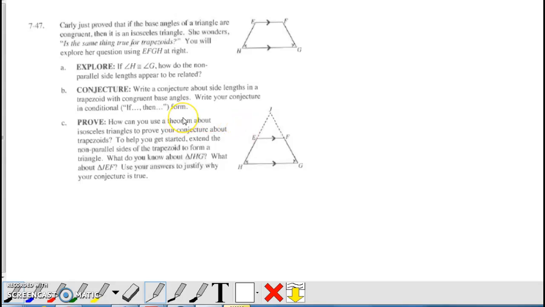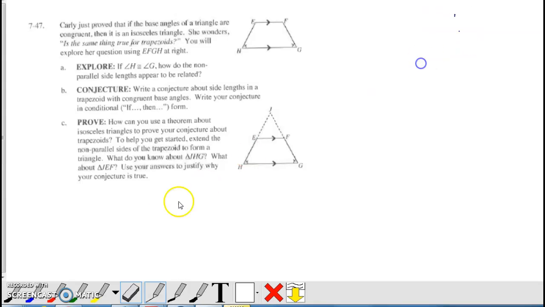Okay, so here's our first question we want to explore, right? If angle H is congruent to angle G, how do the non-parallel sides, these two sides, appear to be related? So if we think about an isosceles triangle, ooh, that's a horrible isosceles triangle.